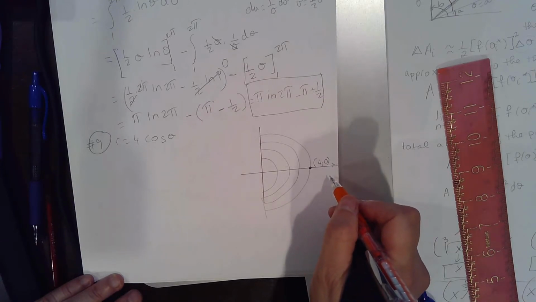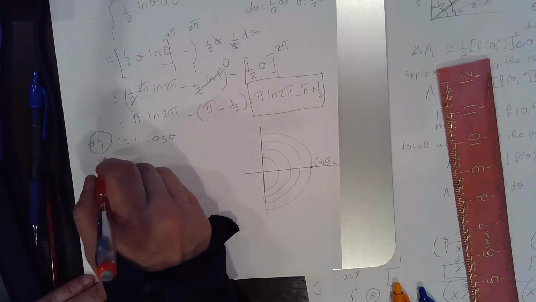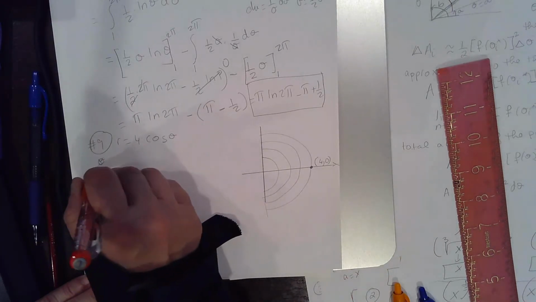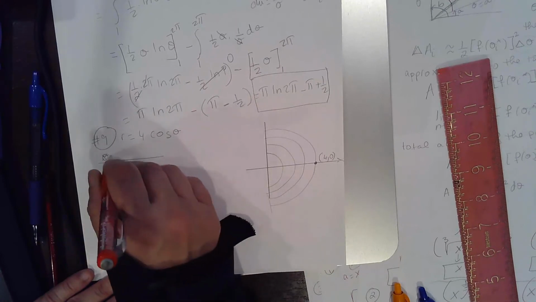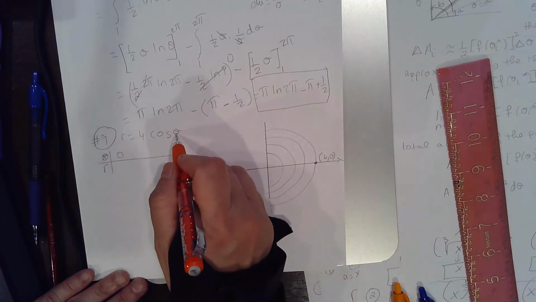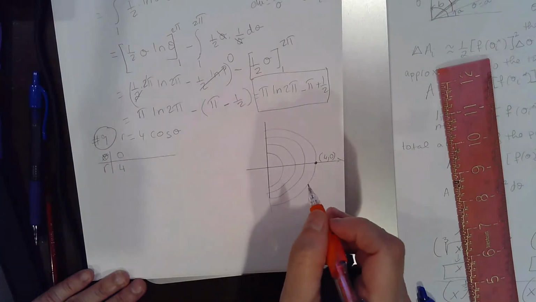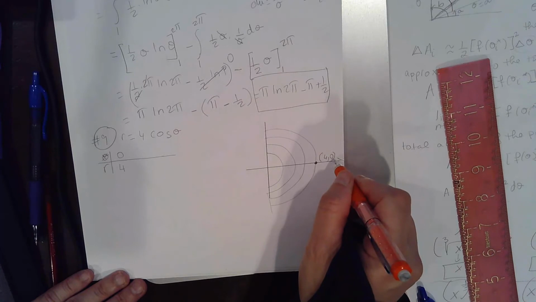If you want to, write it down here, theta and r. When theta is 0, cosine 0 is 1, and 1 times 4 is 4. So that's what you have here: 4, 0.